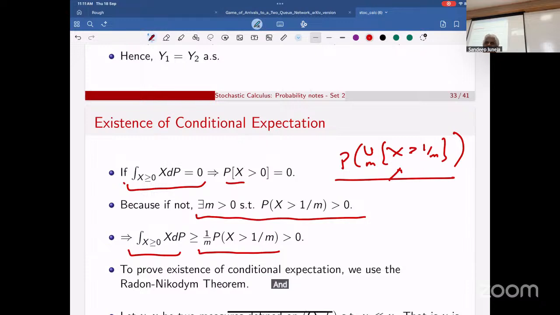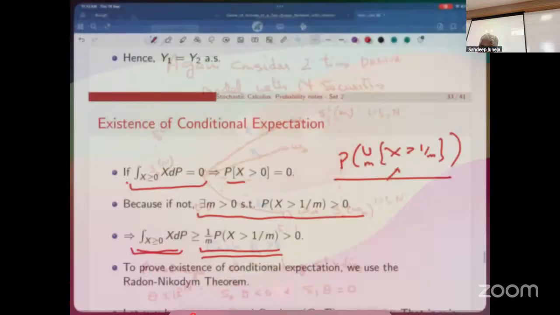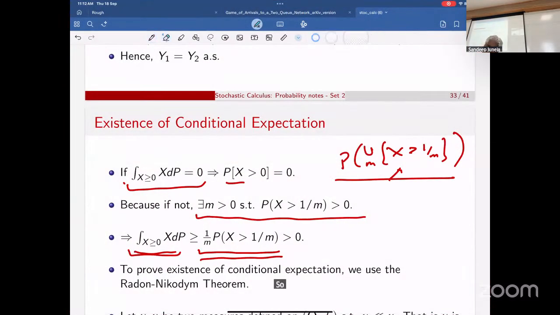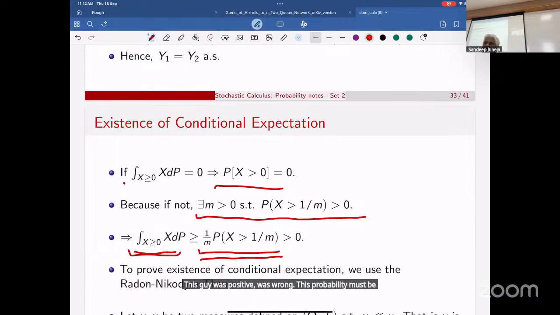And that gives me a contradiction, because this quantity here is positive, while this integral here is 0. So my premise that this probability was positive was wrong. This probability must be 0.